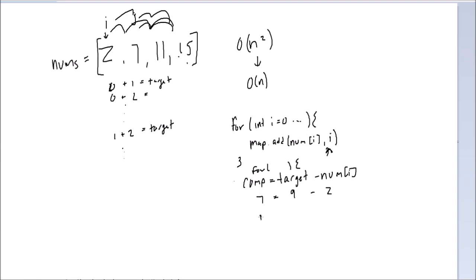So if the map contains 7, just return the map second, along with nums, just I. And we return these two, very sloppy handwriting.